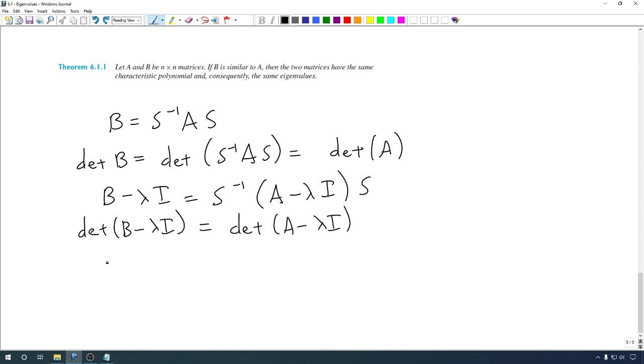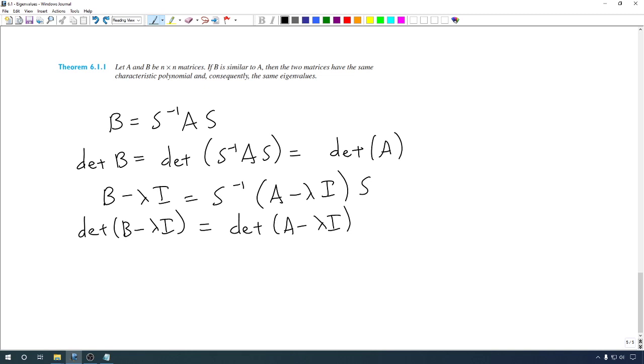And this is saying that if you change the basis and think of the linear transformation changing to another matrix representation, then you don't change your eigenvalues. So in fact, what this really means is that the eigenvalues are a property of the matrix as a linear transformation and less of it as a matrix.